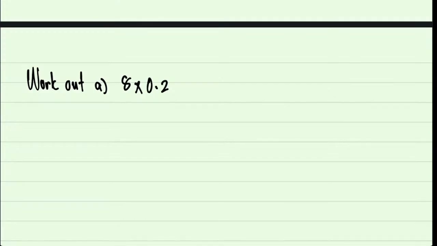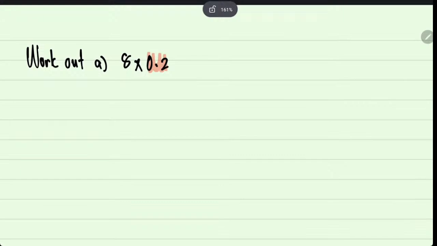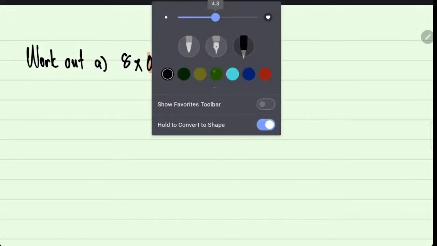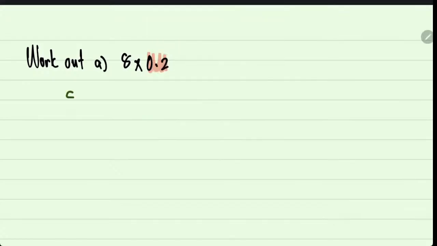What is 8 times 0.2? Are you allowed to have a 0.2 multiplying? No. So what do we change it to? So it's 8 times 2. Then you count the number of things after the comma. Can you do it?